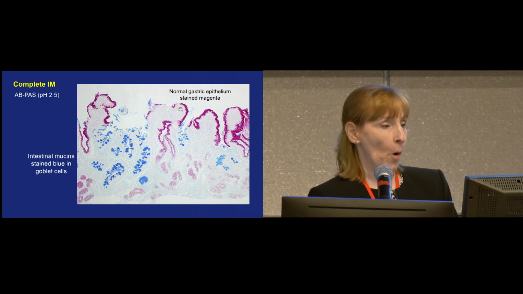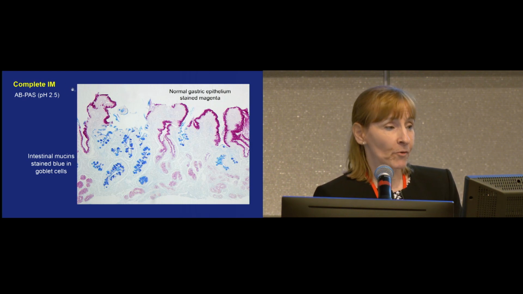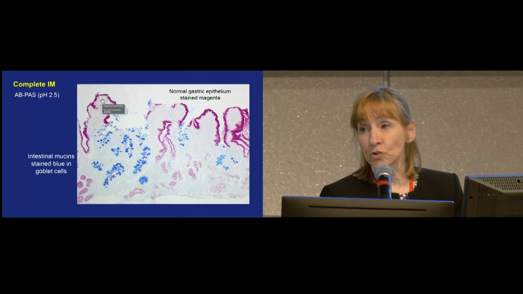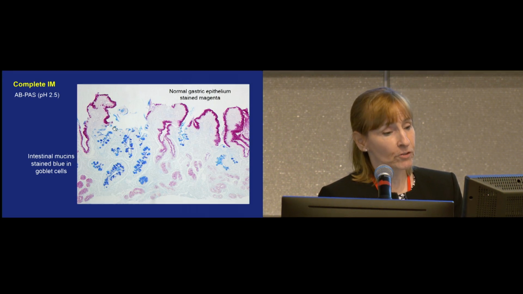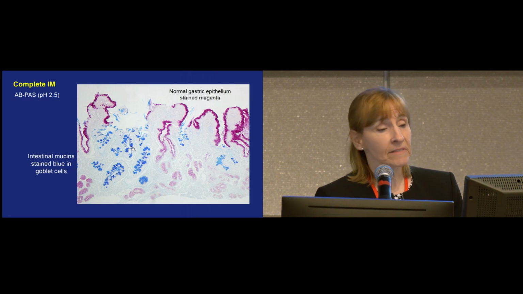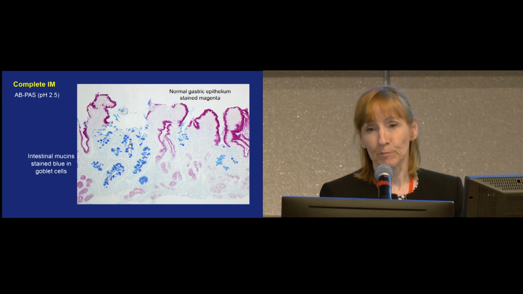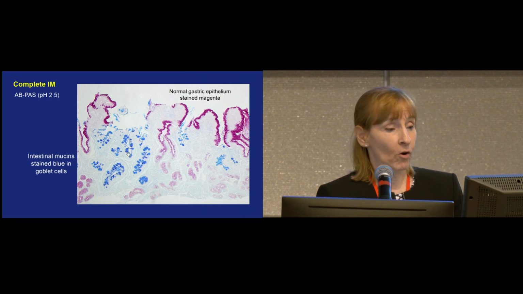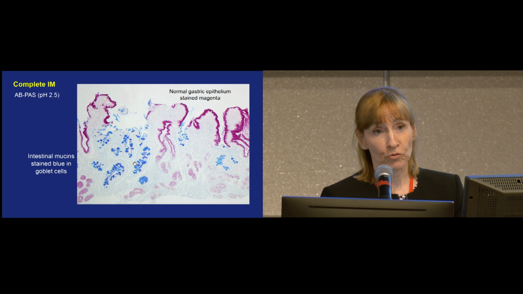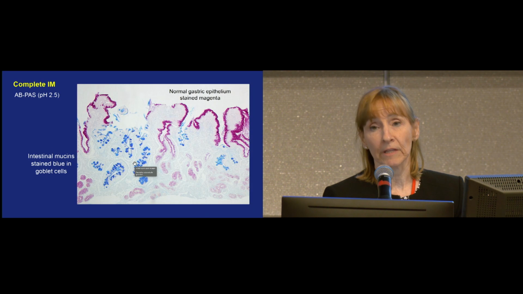So this is a case of complete metaplasia with Alcian blue PAS, and the pink stains normal gastric epithelium. Here you can see some areas of complete metaplasia in which the goblet cells have blue staining, which means intestinal mucins. So this is only intestinal mucins in goblet cells, and the intermediate cells should not have any mucins because these are enterocytes.